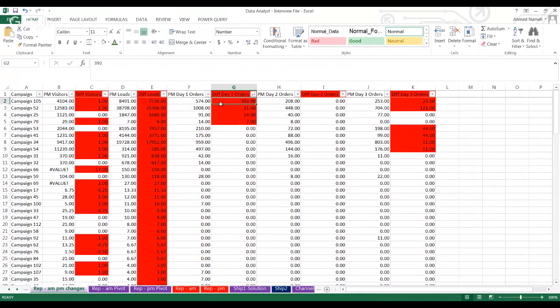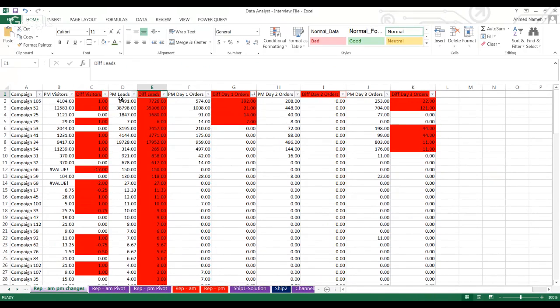That to me is a material difference. So I would definitely point that out. I would highlight the campaign, and I would make sure that that discrepancy is passed on and dealt with accordingly. The rest of the campaigns, no material differences that I can see. 21 here, 14, 7. Nothing of particular significance.